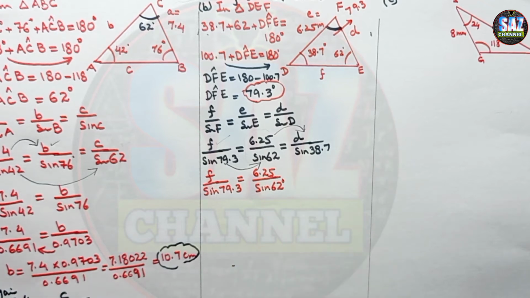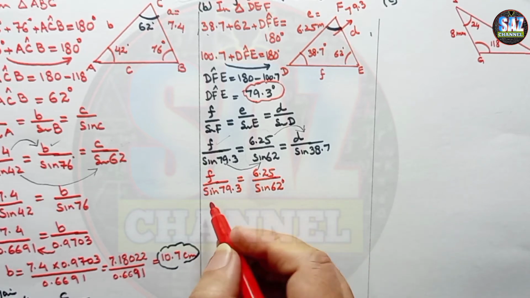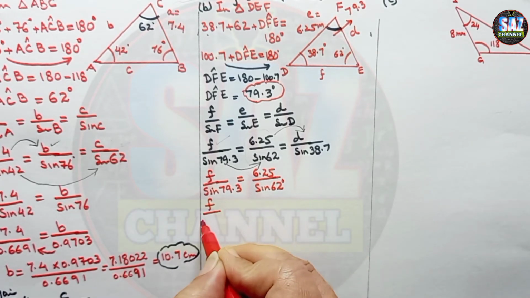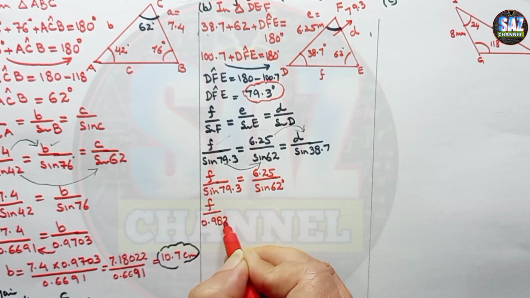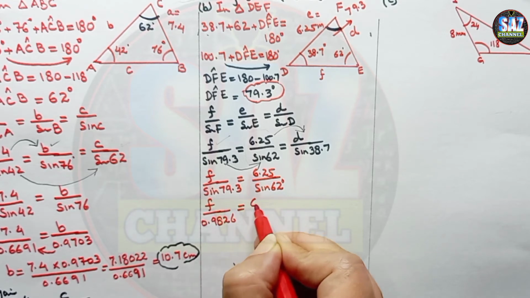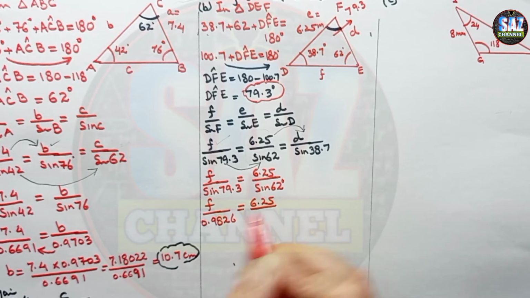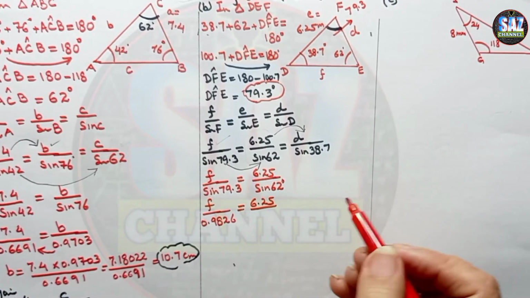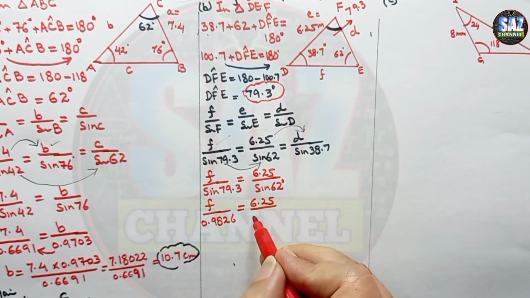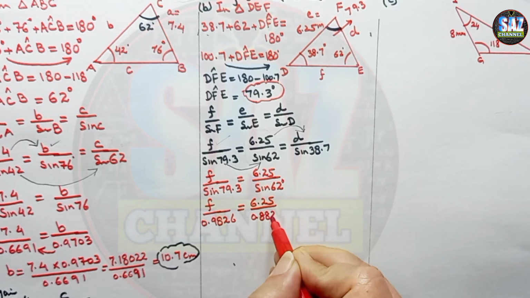Now I have to hold the calculator, and sine 79.3, closing the bracket, equals 0.9826. So F upon 0.9826 equals 6.25 upon sine 62 degrees, and this will give me 0.8829.